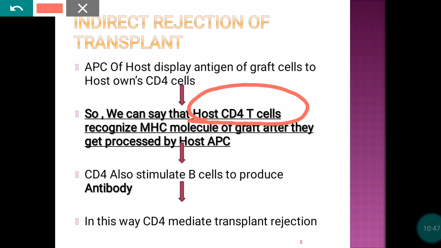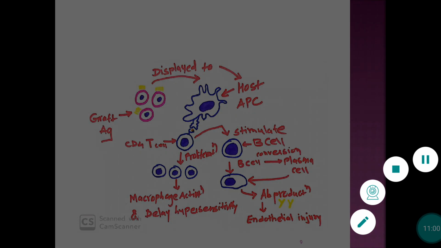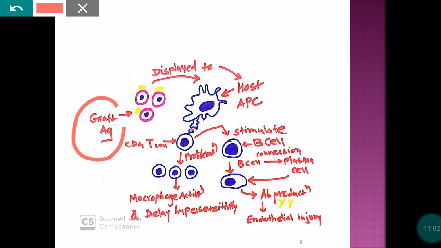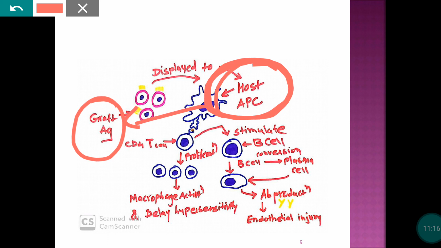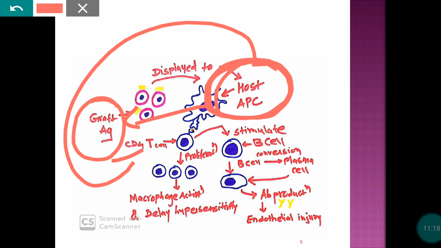Meaning the T lymphocytes get activated when they are presented by our own antigen presenting cell, not like that of the graft antigen presenting cell. I will show you in a figure. Here there is a presence of graft antigen. So now they will display it to the host antigen presenting cell. Our host antigen presenting cell will display this antigen to our CD4 T lymphocyte.